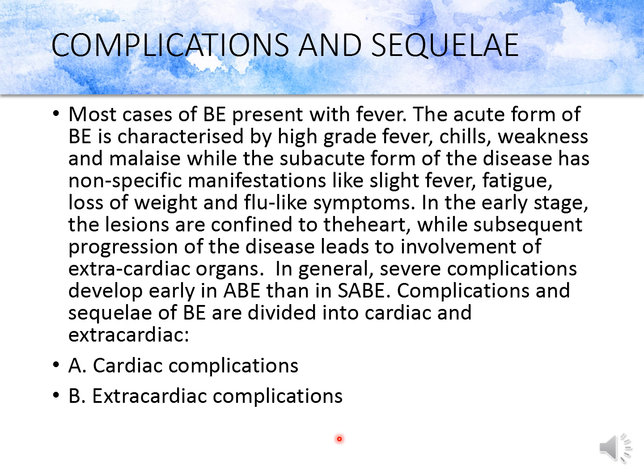In the early stage, the lesions are confined to the heart, whilst subsequent progression of the disease leads to the involvement of extracardiac organs. In general, severe complications develop earlier in acute bacterial endocarditis than in subacute bacterial endocarditis.